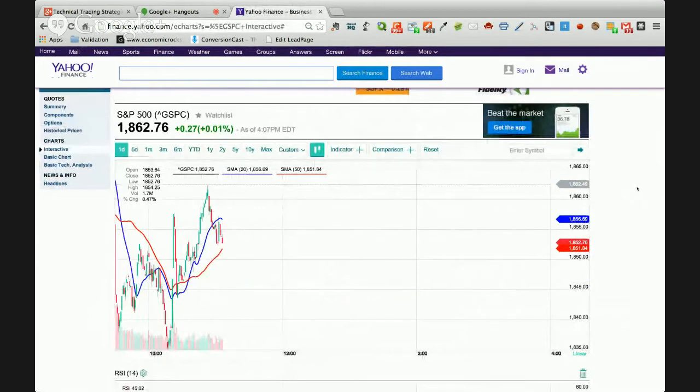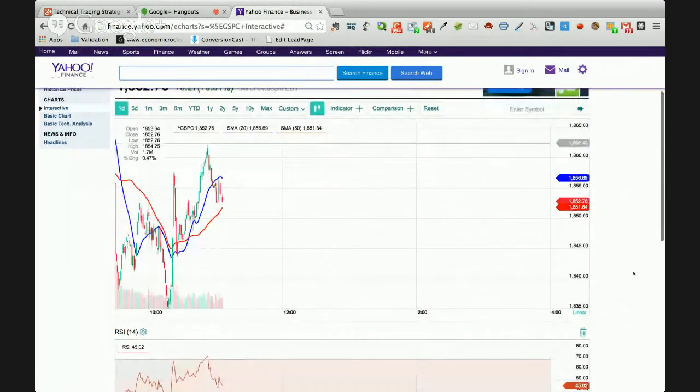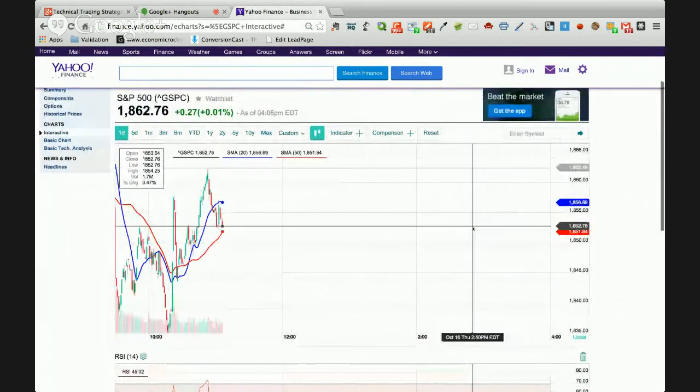These will be some kind of indicator as to how we would enter and exit certain trades that we might be interested in. So I'm going to take a look at a 1 year chart on the S&P 500.